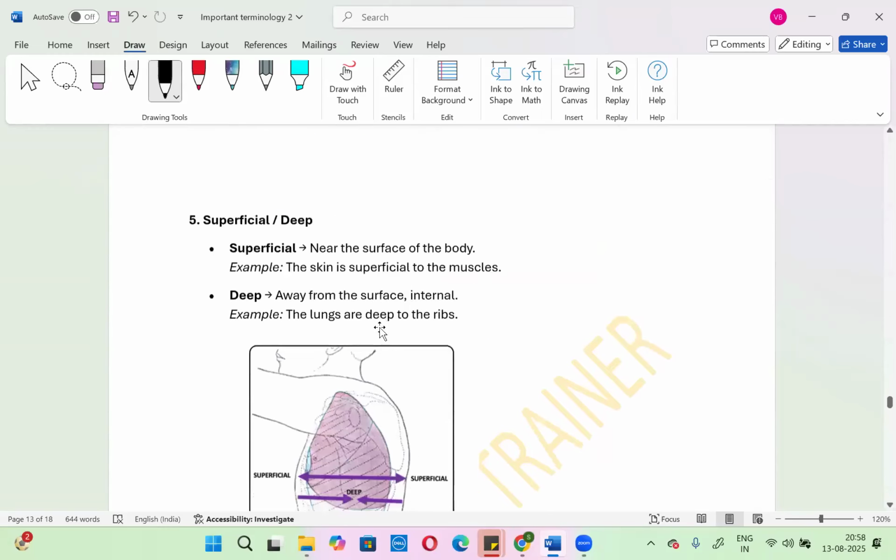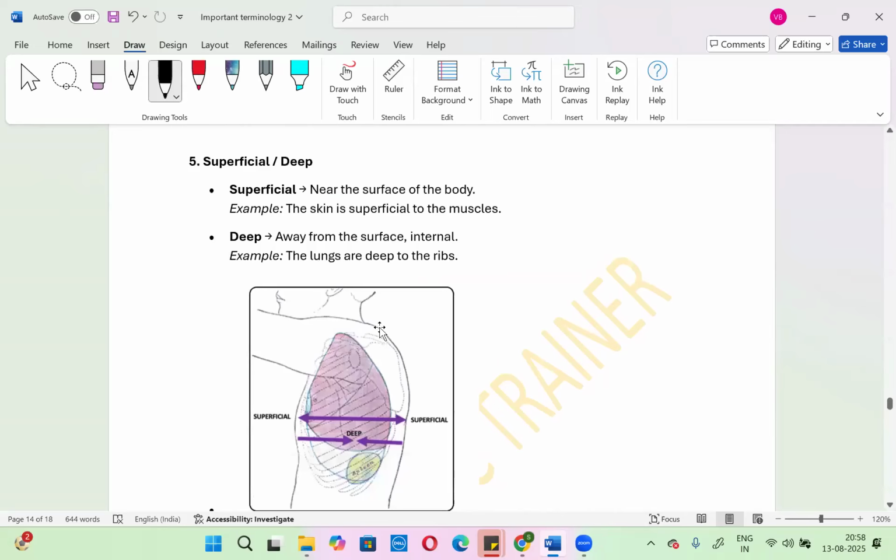Next comes superficial and deeper. This is very, very important, because you will come across these terminologies regularly. What is superficial? Superficial is nothing but the upper part of the body. Deeper means inside the body part.